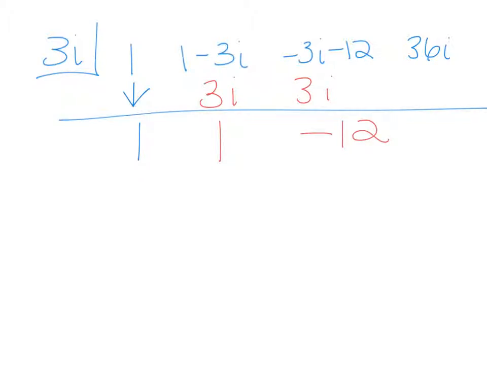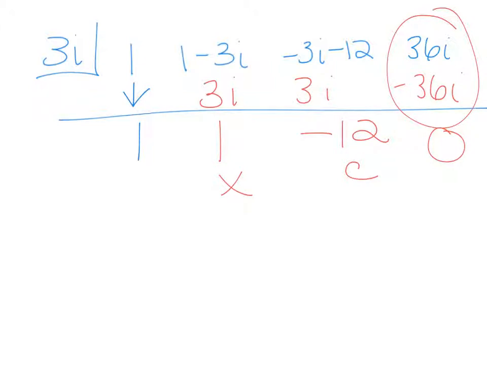And negative 12 times 3i is going to give me negative 36i. And when I add this last column, I get a remainder of 0. So that leaves me with a constant of negative 12, an x coefficient of 1 and an x squared coefficient of 1.